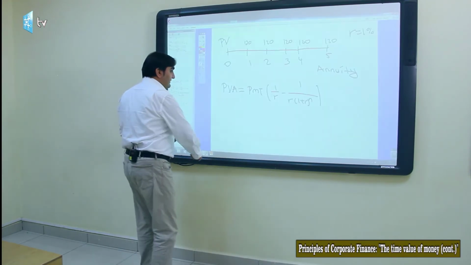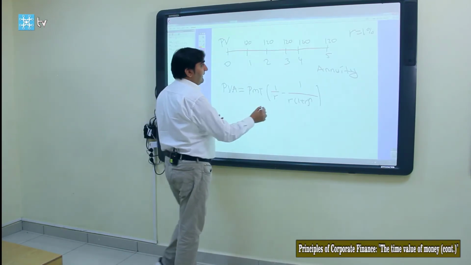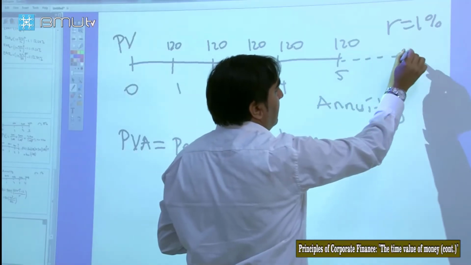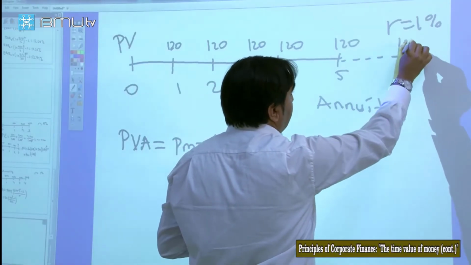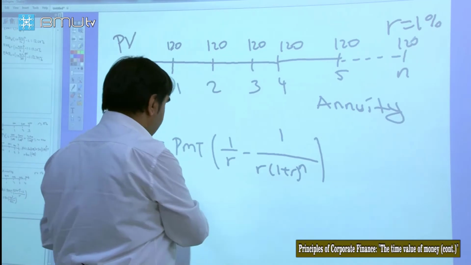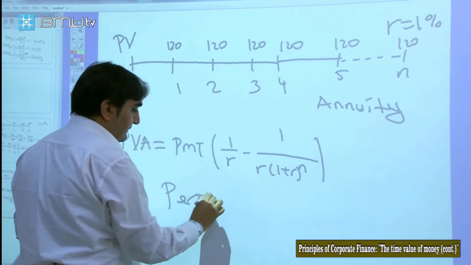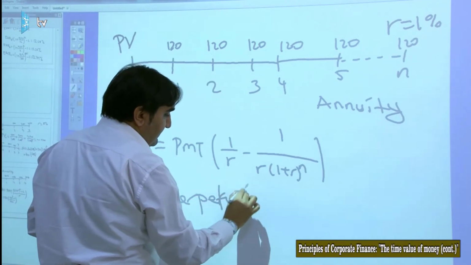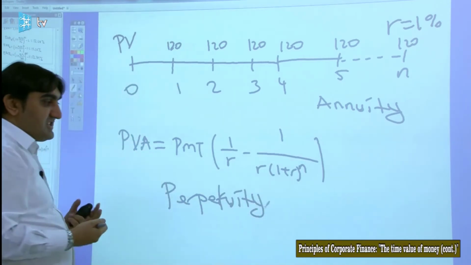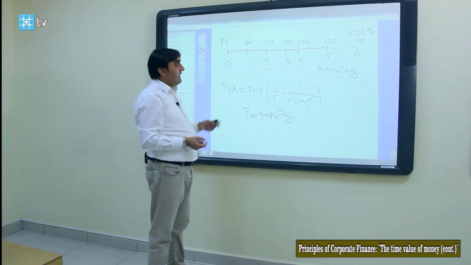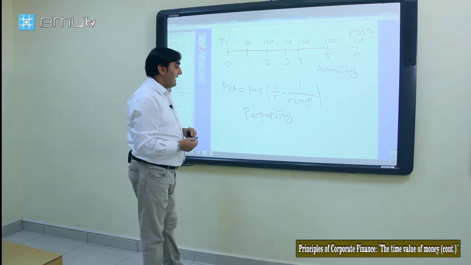If these payments go forever, for example, this is called perpetuity. Perpetuity is a cash stream that goes forever at fixed cash flow.